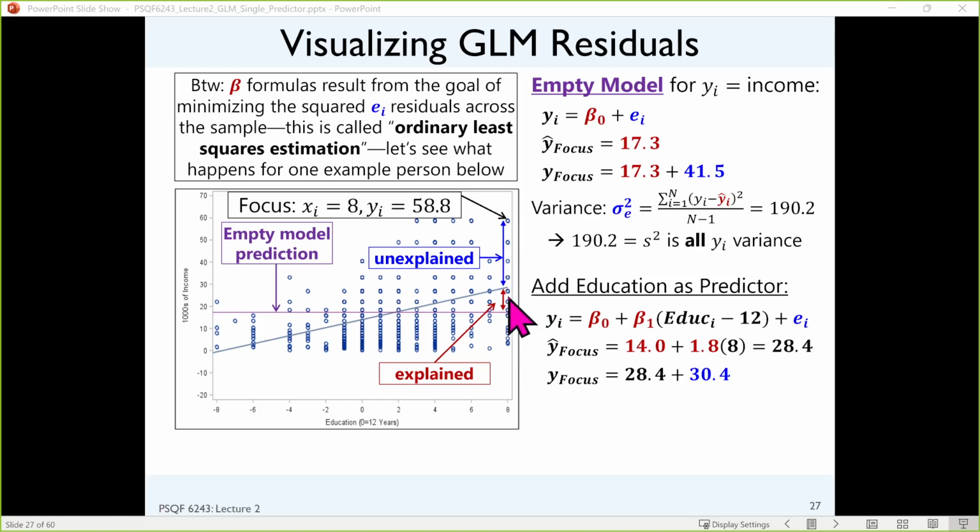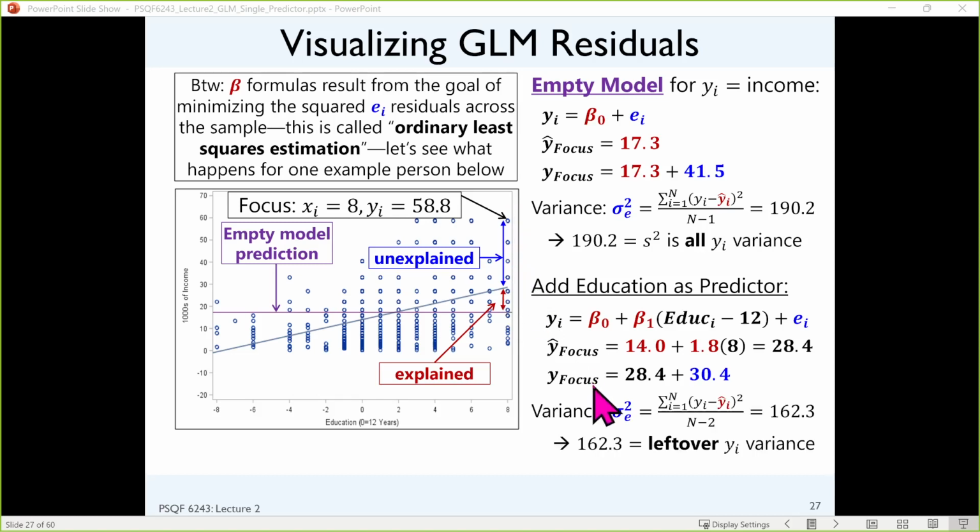The question we have to answer, though, is across the sample, did adding this predictor actually help? How much of this E distance has been accounted for by where the line is and how much is remaining? So if I do the same formula, I figure out what the line predicts y is supposed to be for each person. That's my y hat.